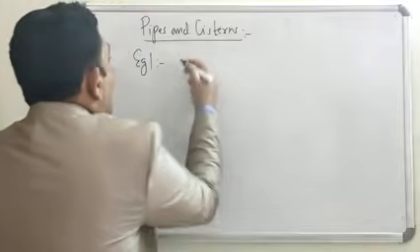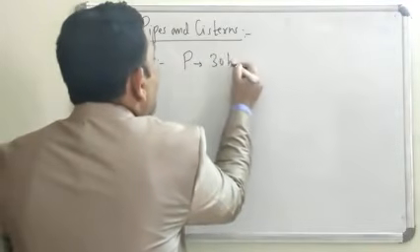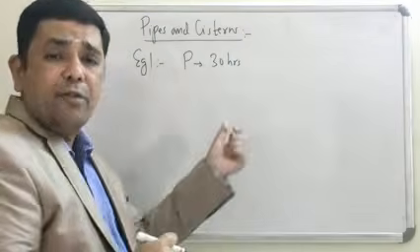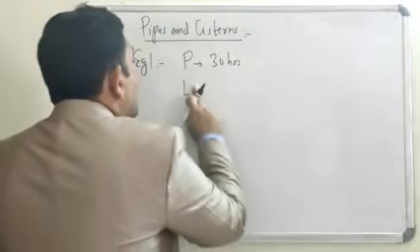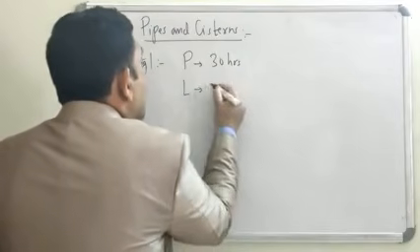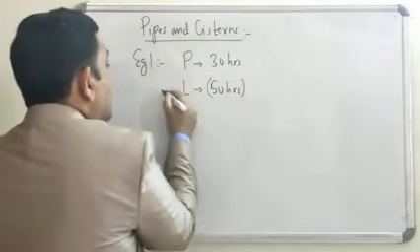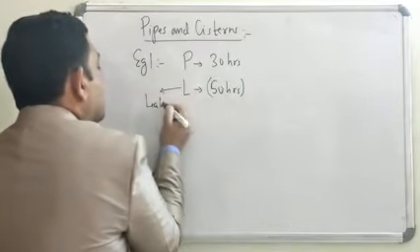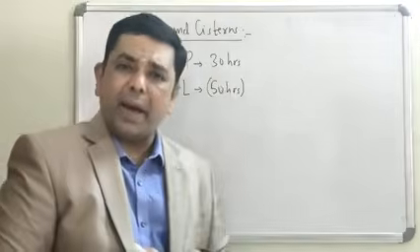Alright, a pipe can fill a tank in 30 hours, whereas a leak can empty the tank. This represents a leak. L will represent a leak. P represents a pipe.